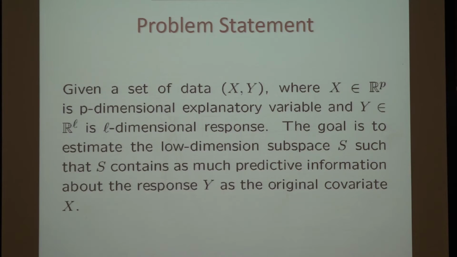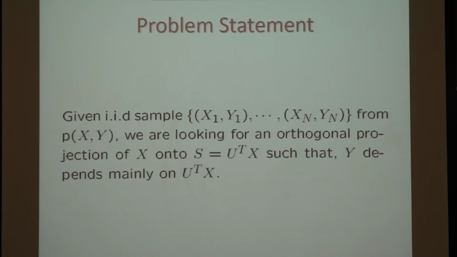Assume that y is L-dimensional and doesn't need to be categorical, for example. It could be real-valued, it could be anything. So given n of these IID data points, we would like to map them into a lower dimensional space.